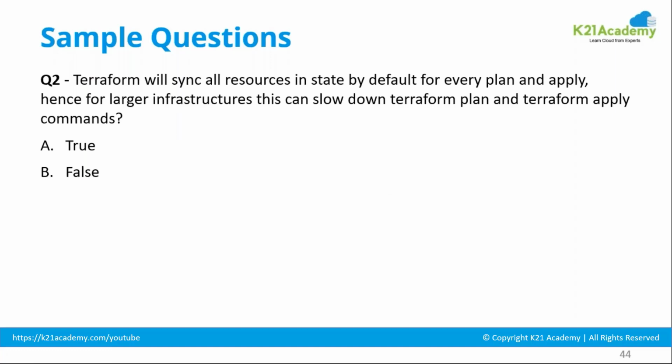Next, true or false? Terraform will sync all resources in state by default for every plan and apply. Hence, for larger infrastructures, these can slow down Terraform plan and Terraform apply commands. True or false?